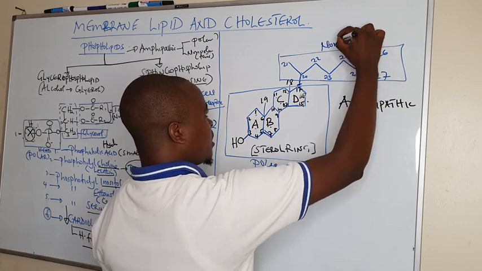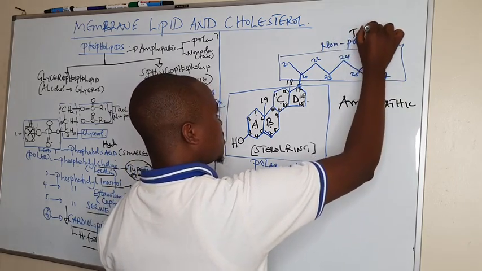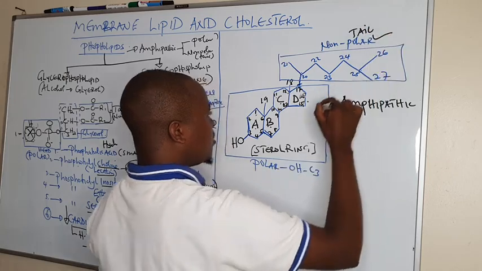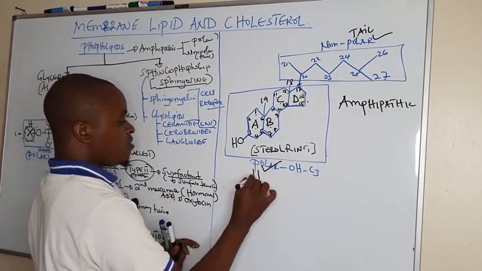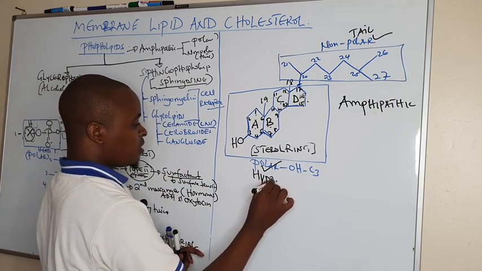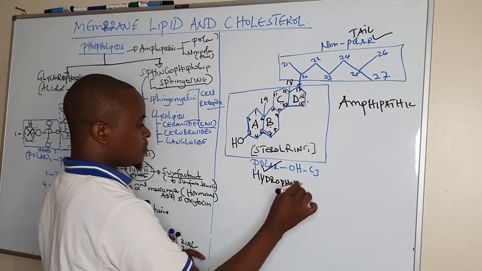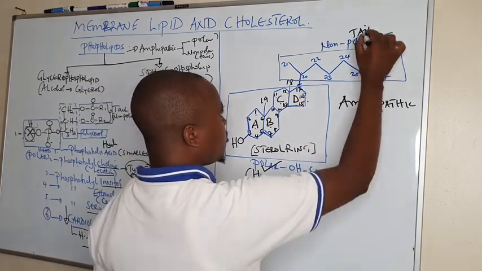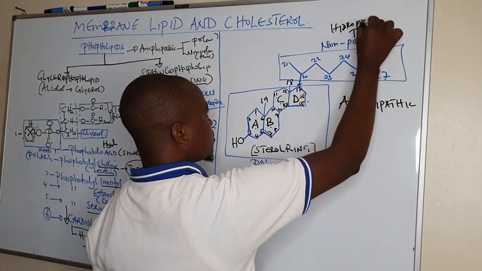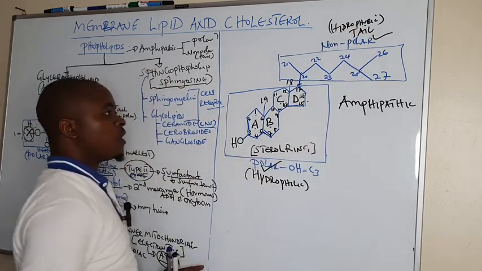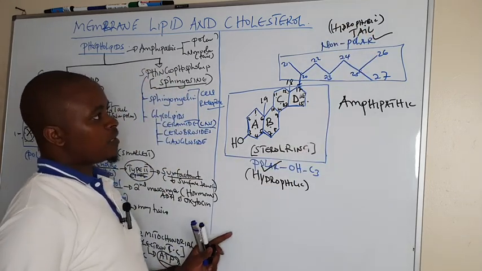Because it has the tail, which is a hydrocarbon, which is non-polar, and the head, which is polar. So this is hydrophilic, then this is hydrophobic. That's why we are calling it amphipathic.